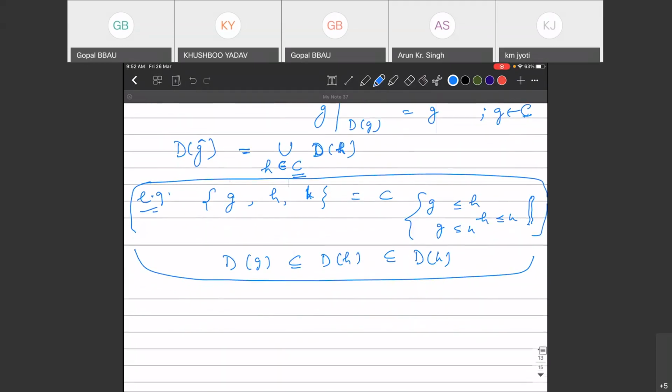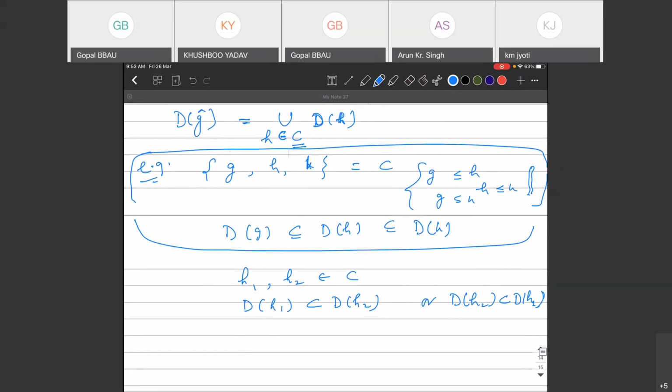If H1 and H2 belong to C, then one of these two holds: DH1 is contained in DH2, or DH2 is contained in DH1. If H1 and H2 are equal, then both happen. Any doubt here? No, sir.